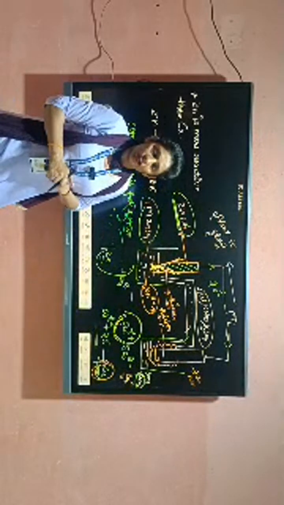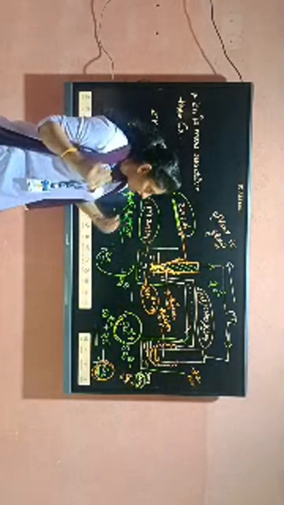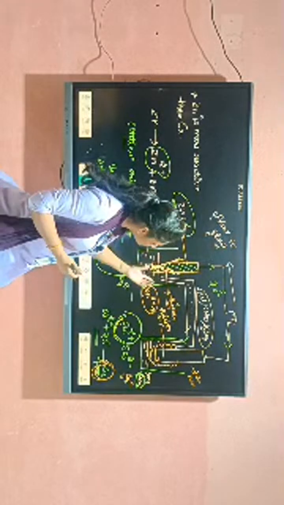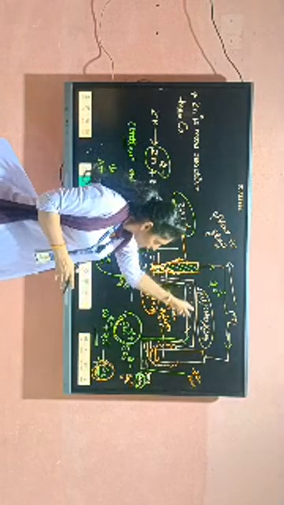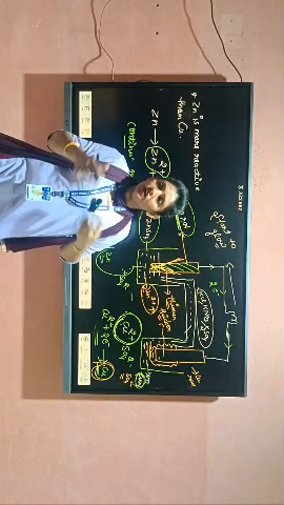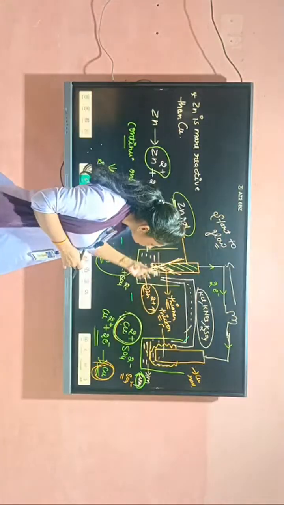Clear or not? And students, they do not affect the concentration of ions here. Concentration of ions is also not affected by this solution, and they can maintain the neutrality of the solution also.